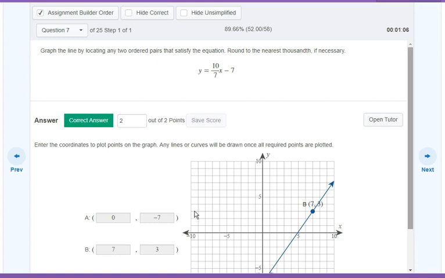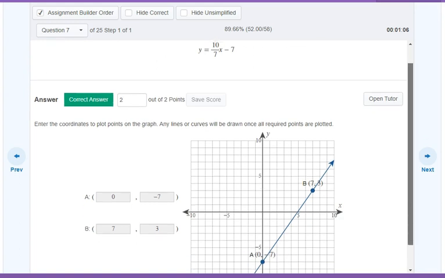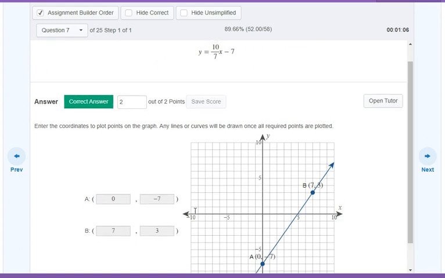So we're going to raise this up a little bit. It says find the coordinates to plot a graph. Lines or curve will be drawn once the required points are plotted. Okay, again, this one has the answer showing already, but try it.